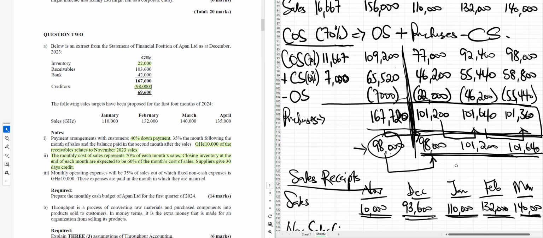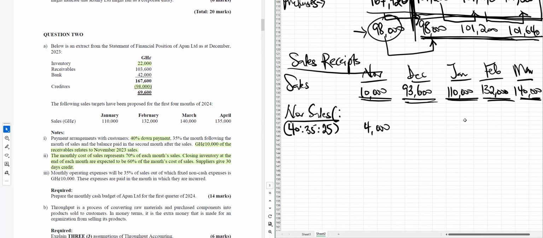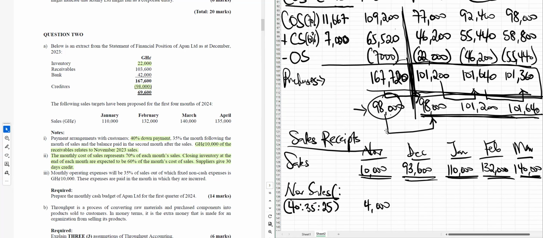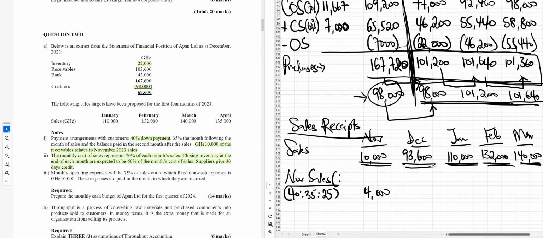Now, our credit receipts. So November, we have already done the grossing up, right? So November sales is actually supposed to be 16,667. But it was 156,000. With November and December, we can work with the balances by taking the remaining percentages. Yes, but you see that November will fall in other months.